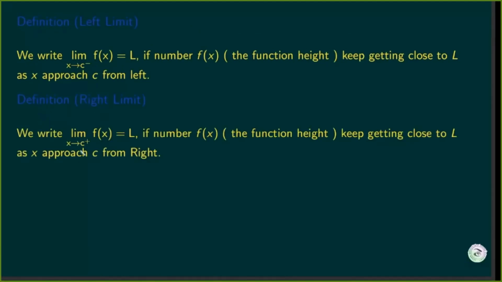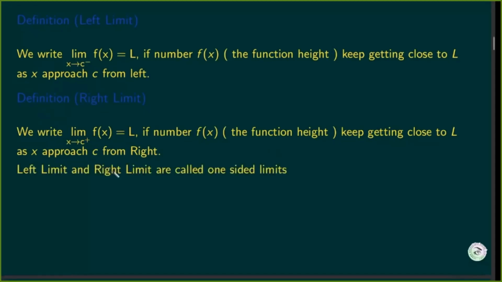Definition of right limit: we write the limit as x approaches c from the right of f(x) equals L, and say that the right limit of f(x) is L if the number f(x) keeps getting closer to L as x approaches c from the right. This left limit and right limit, we call them one-sided limits.